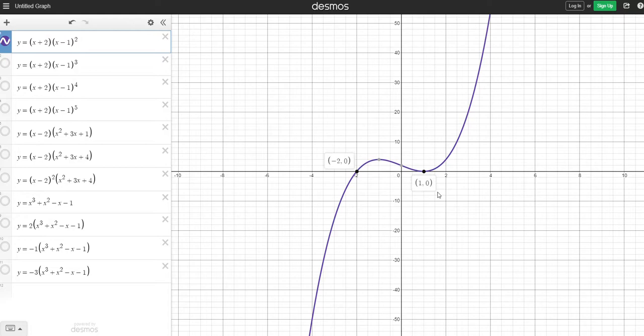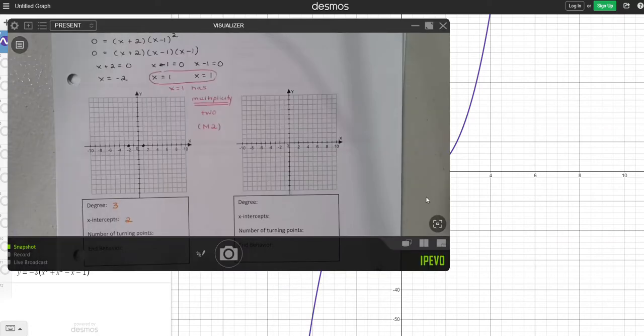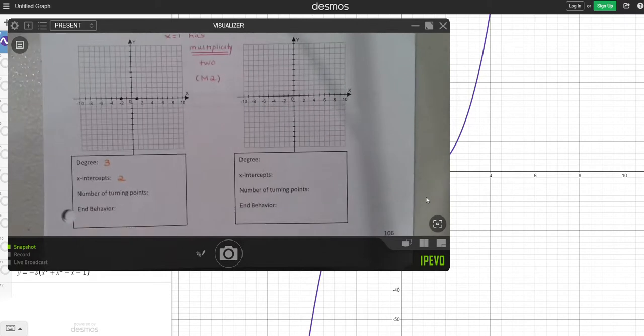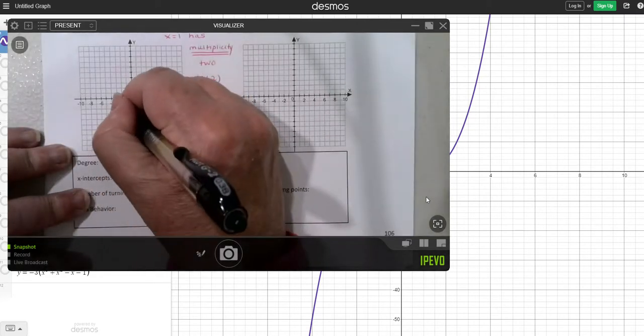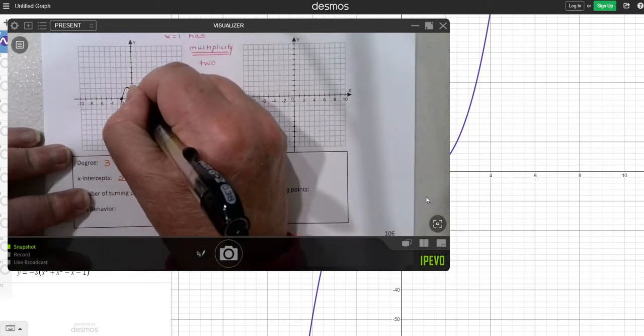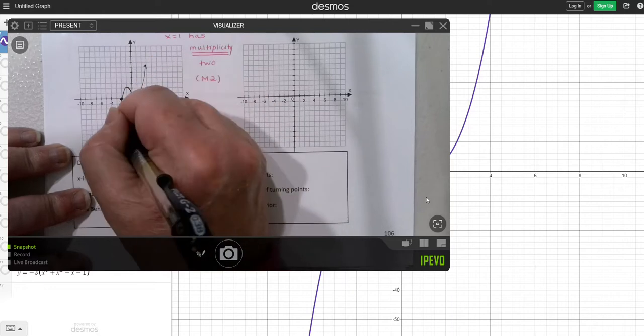I'm not going to draw all of these by hand. You can sketch them from the screen if you want to. But let's just go ahead and say, for this particular one, if I were to draw it, to finish this one out since I've started it, this was the shape I got.